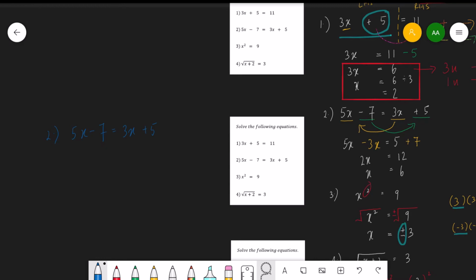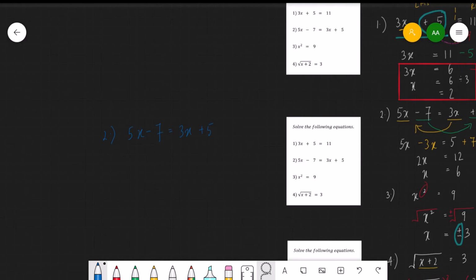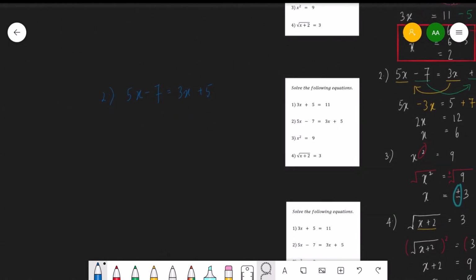In this case, let's move all the unknowns to the right hand side, numbers to the left hand side. That is something that I have overlooked to explain. So the negative 7 remains over here, and then plus 5 has become a minus 5. Then we have 3x on the right hand side, and 5x has become a negative 5x.